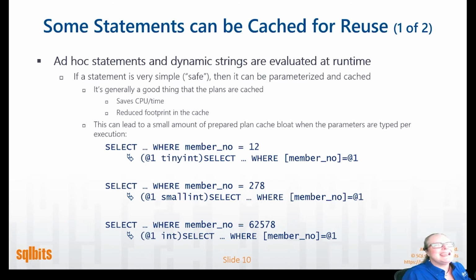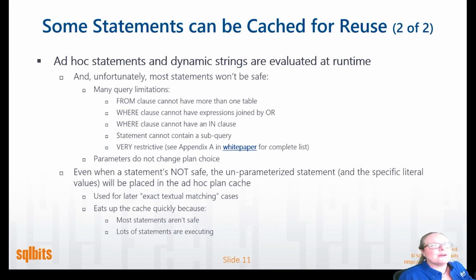But the point is that as you execute hundreds and thousands of these statements across only, let's say, 2 or 3 different data types, then you're going to execute those 2 or 3. And since this statement is very simple, it's really just one plan with 3 copies for each of these data types. Okay, so that all sounds great.